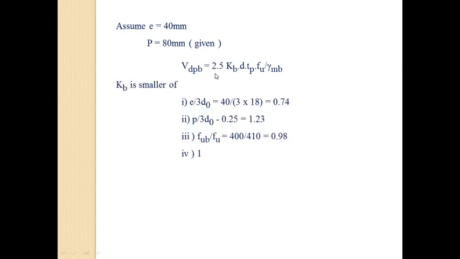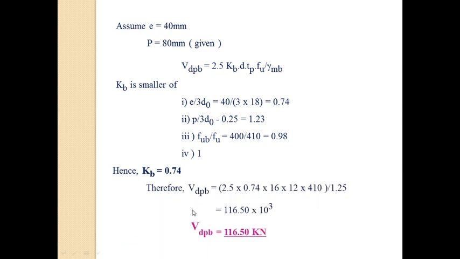Putting the values in the Kb formula, it is the minimum of e upon 3d0, p upon 3d0 minus 0.25, Fub upon Fu and 1. So here we find the minimum Kb value is 0.74. So we take Kb equal to 0.74.